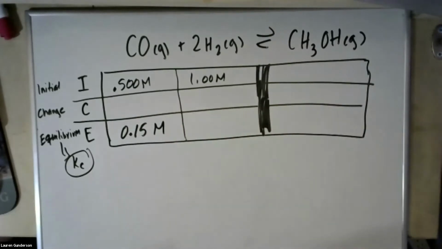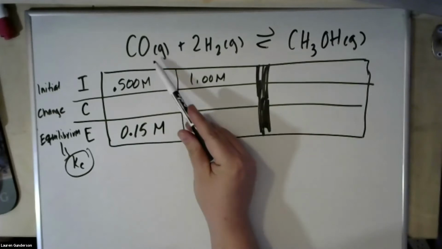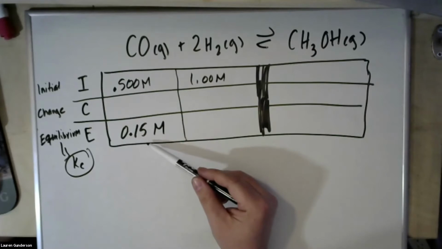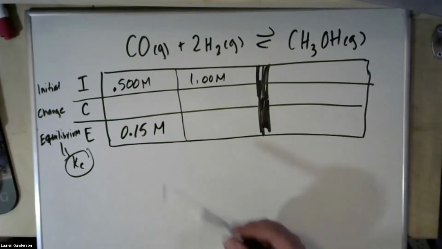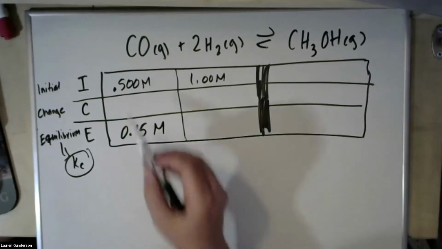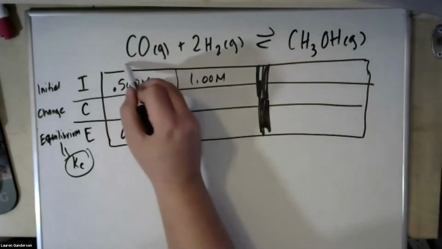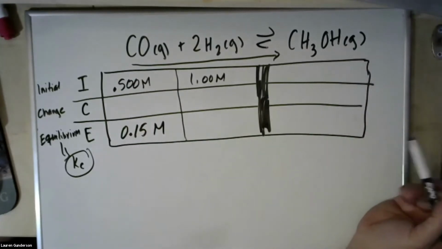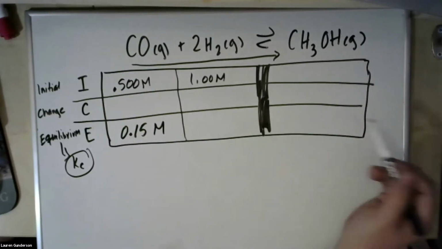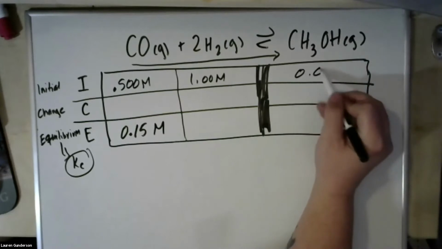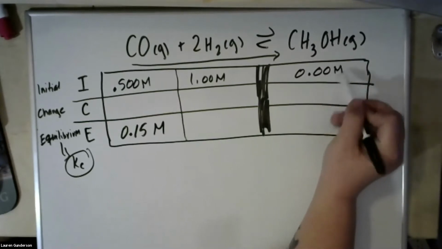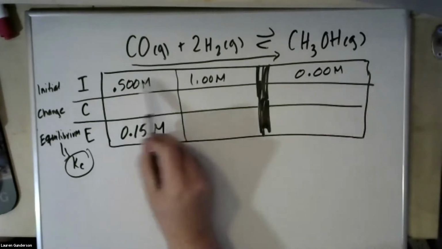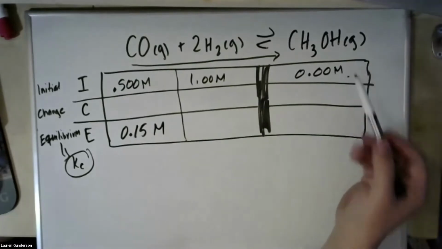You started out with 0.5 molar CO. In the end, you were left with 0.15 molar CO. That means that over the course of the reaction, you were using up your CO and you were making CH3OH, right? Hopefully that makes sense. Also, your initial concentration of the CH3OH was 0 molar, right? They didn't give us that initial amount there. They were telling us we started with this, which means that we're making this.